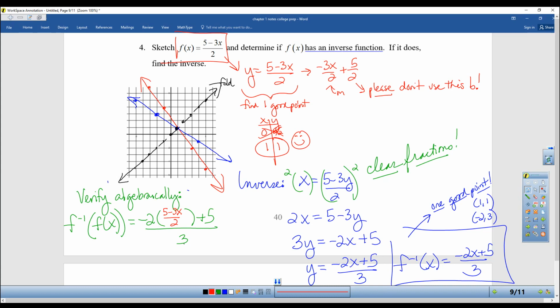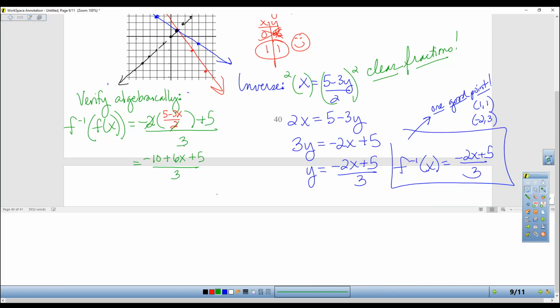So when I do that, the 2's cancel, but it does leave a negative. So you have to distribute. Oh, sorry, the 2's gone. Oops.